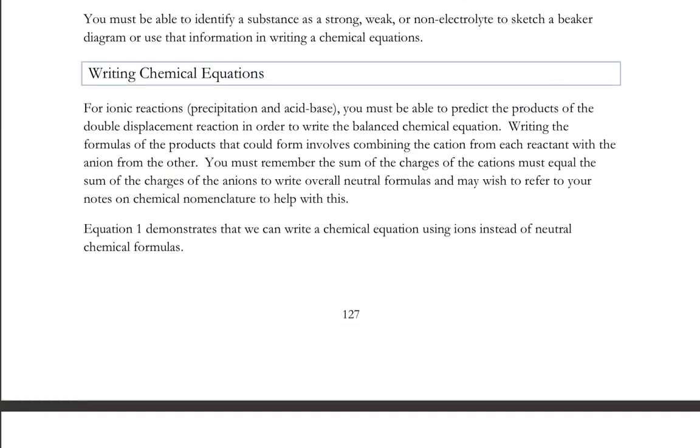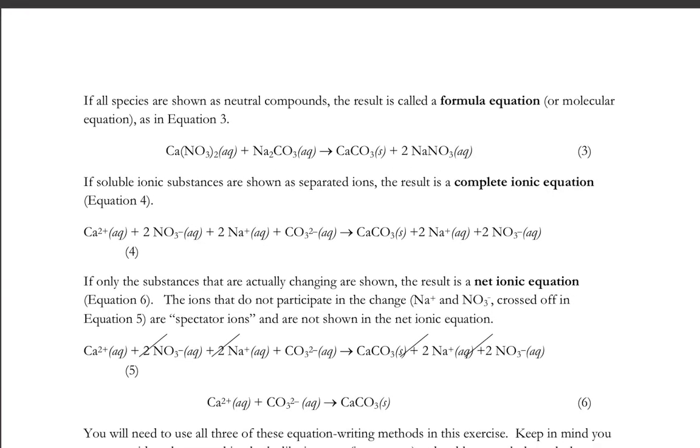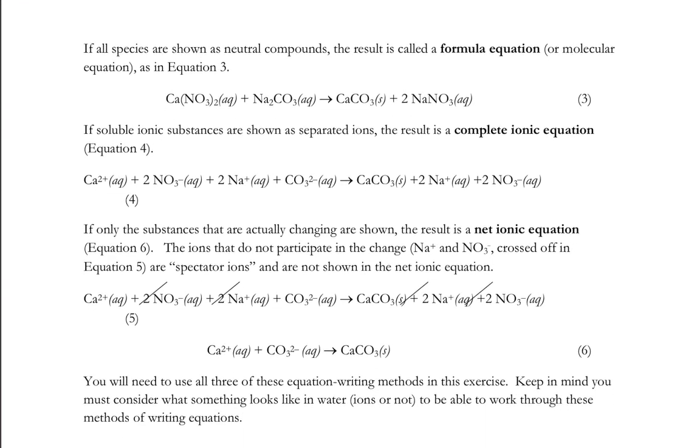So, writing chemical equations. One of those is represented by reaction equation 3, and that is the calcium nitrate plus sodium carbonate. We exchange partners. We put the calcium with the carbonate and the sodium with the nitrate.